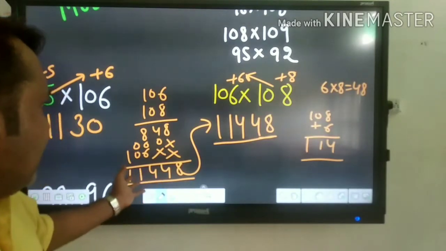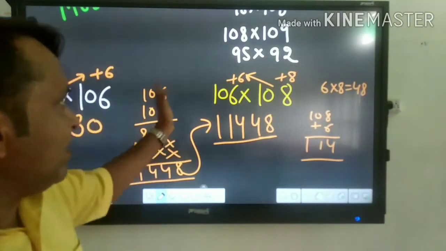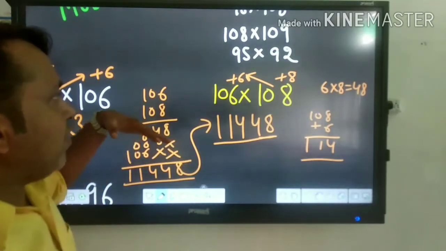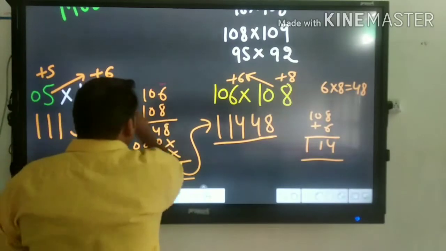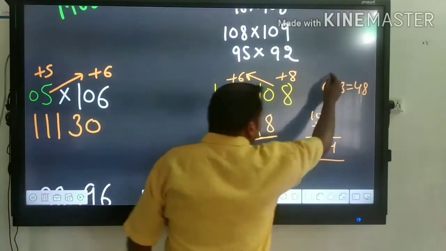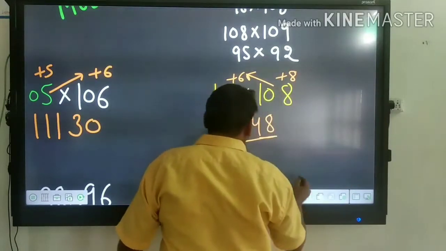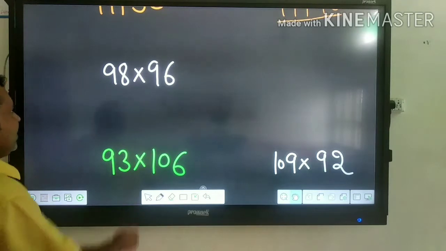Now you see which method we should adopt to save our time during the exam, and we will find the same answer without any long calculation. Just a single multiplication and addition, we can find that.